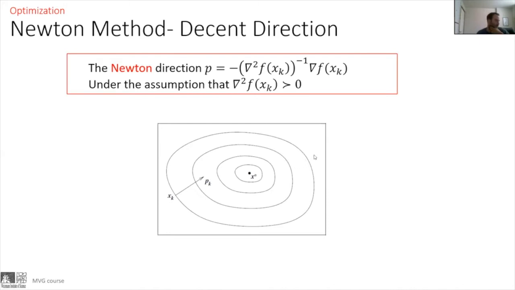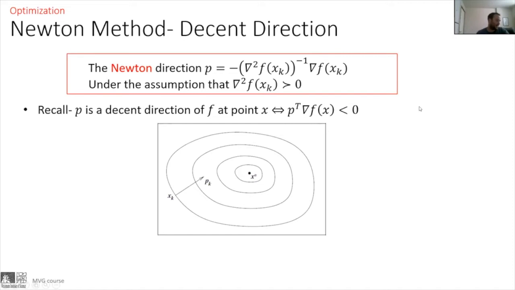So I told you how to choose the direction. The next thing we want to do is to verify that this is actually a descent direction, because if it's not, it doesn't work. I remind you that p is a descent direction of f at point x if the inner product between the direction and the gradient of f is smaller than 0.